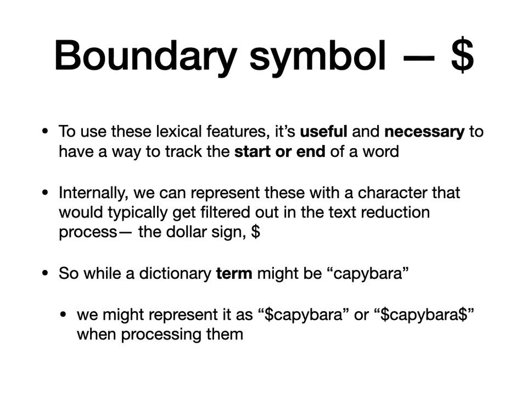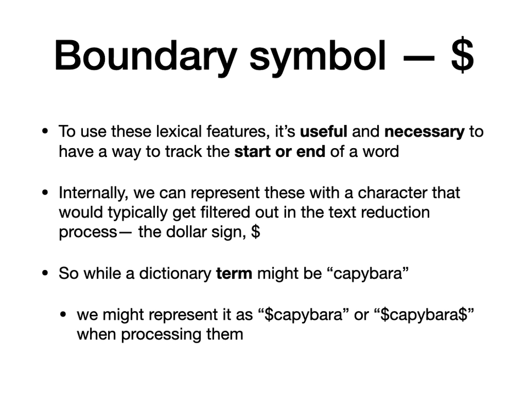Visually, we typically use the $, but internally we can also use anything that's not going to be present in most text, right? So when we store the term to process it into these little tiny lexical chunked features, we track it using a $. So the dictionary term might be capybara, but we might represent it as $capybara when we process it. So just keep that in mind.